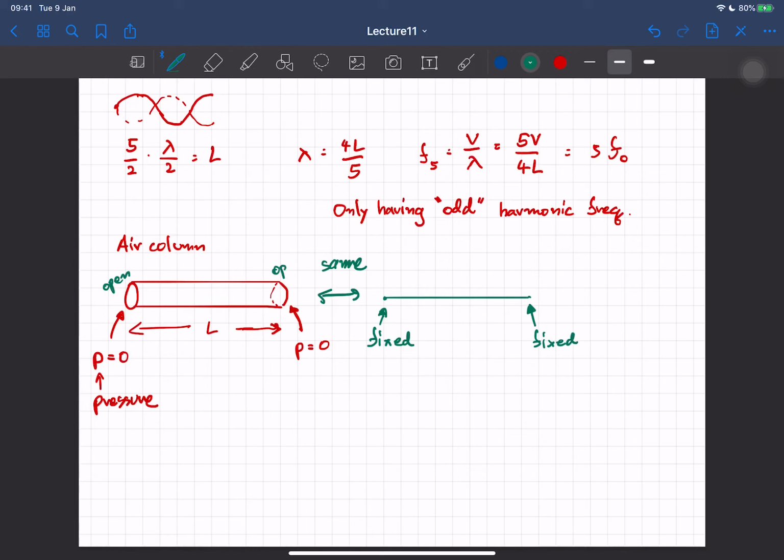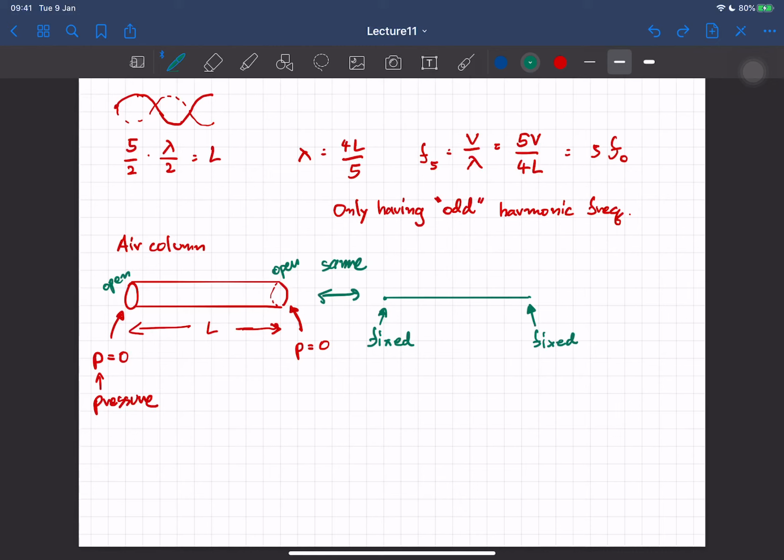Open end here. This is where some of you might get confused. The ends of the tube are open, which means the pressure is 0, so it's equivalent to the two ends being fixed for the wave in the string. Think about what I just said and try to make sense of it. Anyway, what you learned from this applies directly to the case of the tube here.